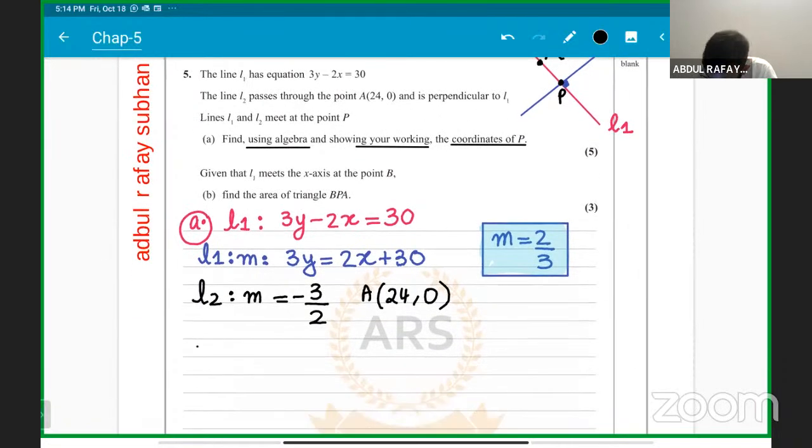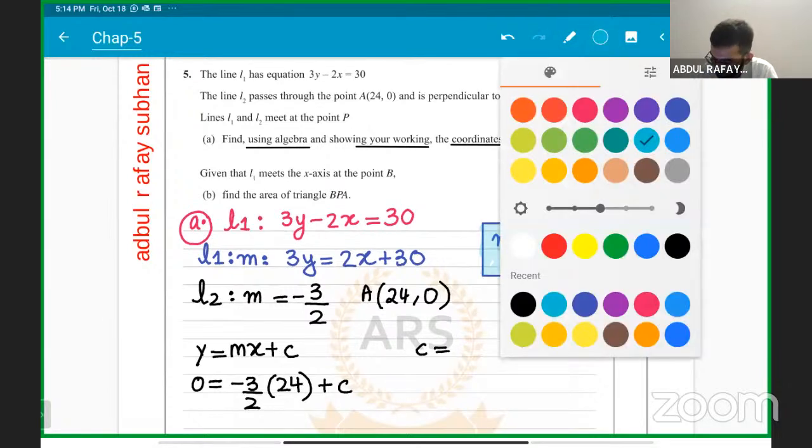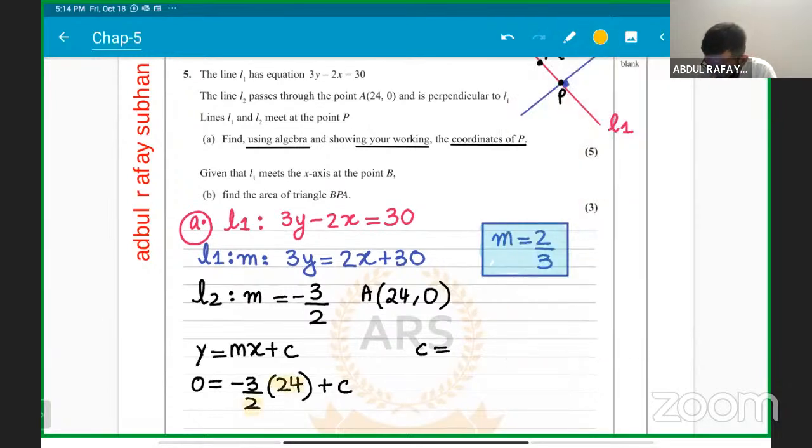We can make the equation very quickly. y equals mx plus c. y is 0, gradient is negative 3 over 2, x is 24, plus c. So 2 twelves are 24, minus 3 twelves is 36. So the c value will be 36.